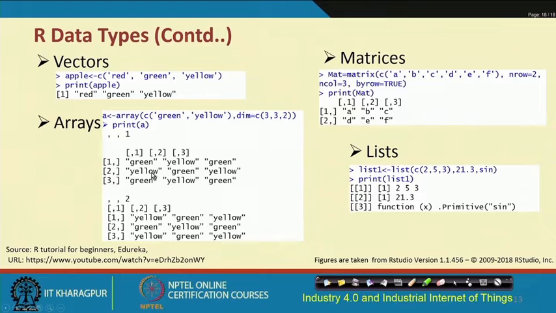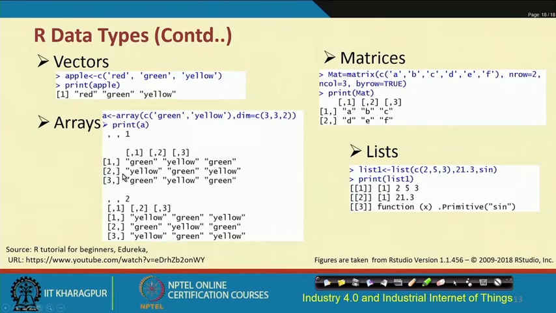Then you have arrays. Arrays help you get multidimensional arrays, like 3D, 4D kinds of arrays. This is how to do it: A <- array(c(green, yellow), dim = c(3,3,2)), print A. If you print that, you get this first dimension and this second dimension as shown over here, and the corresponding values green, yellow, green, yellow, and so on.